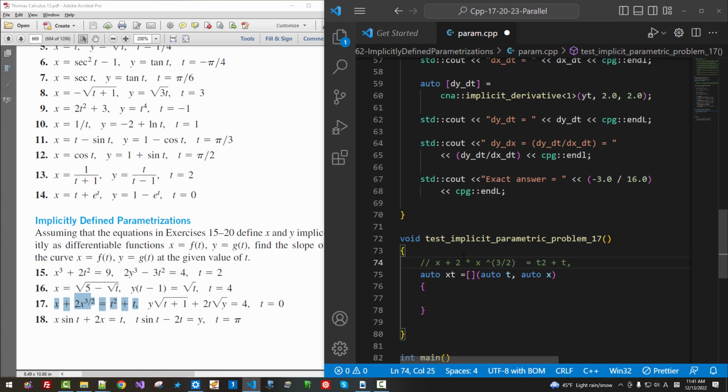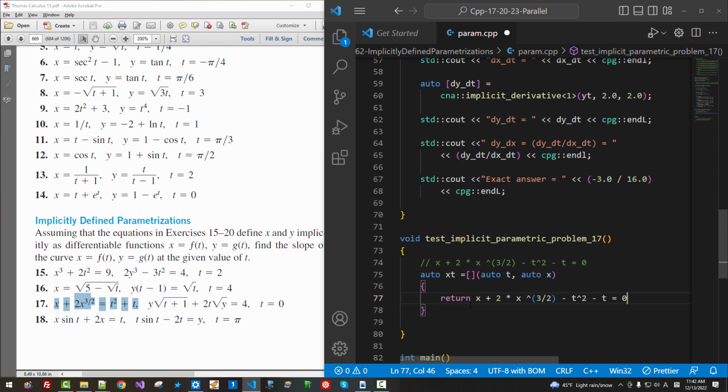Now I shift t square and t to the left hand side. It should be negative t square negative t 0. We will use this function.